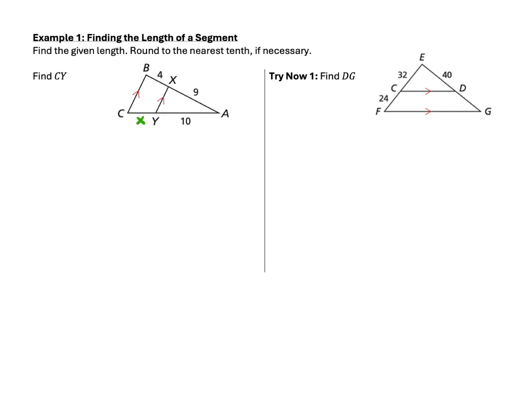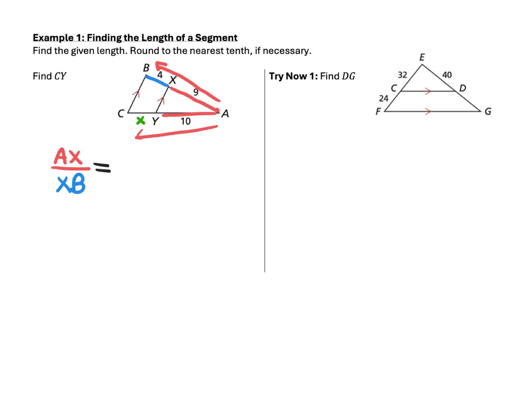And if we apply the triangle proportionality theorem, what we would have is AX over XB equals, and then the other side is divided in that same proportion, and I have to make sure that I'm going from the vertex of the triangle on down.